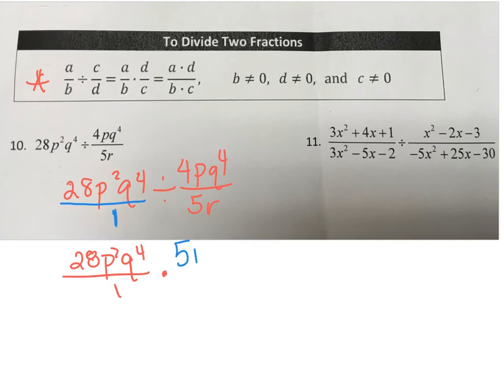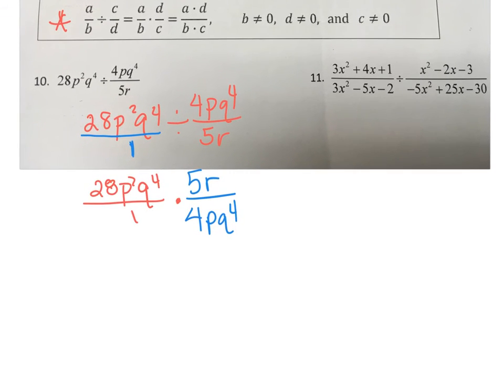So now 5r is on the top, and 4pq to the 4th is on the bottom. So now we are going to write it as one big fraction. So this is 28 p squared q to the 4th times 5r over 4pq to the 4th.